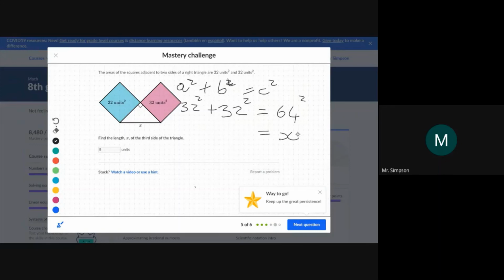But they're asking us for x. We need to find x, not x squared. So if x squared is 64, then what would x be? If x squared is 64, x would have to be equal to the square root of 64, and that's 8, because 8 times 8 is 64.